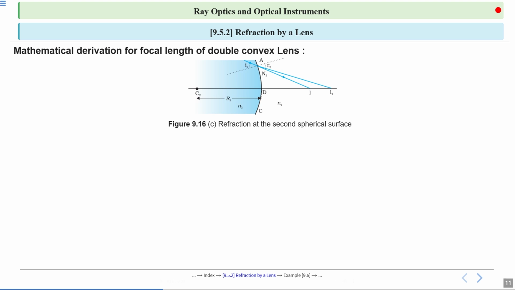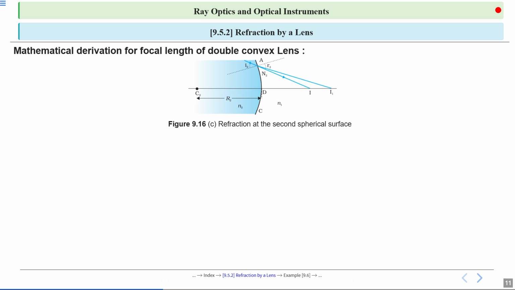Why is it towards I1? Because it is the light ray that is refracting from the first spherical surface, and due to the first spherical surface a temporary image is formed at I1. Now in the path of this refracted ray from the first spherical surface, we placed another spherical surface ADC. Now refraction will occur a second time.